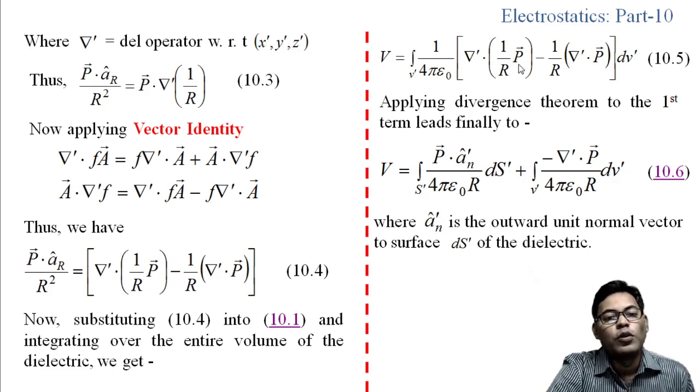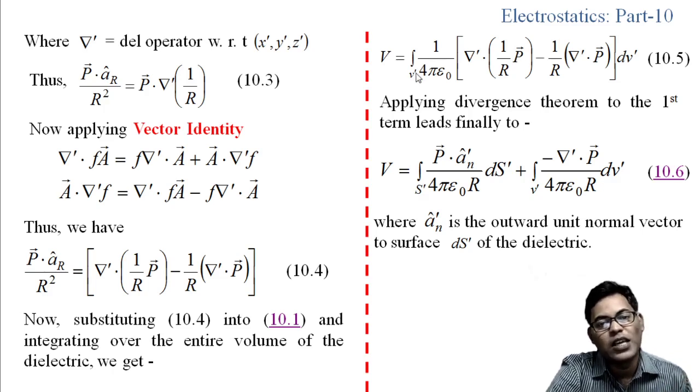Now we are going to apply the divergence theorem to the first term, and from that we can get the relationship from the volume integral to the surface integral. So from that we can get this expression.